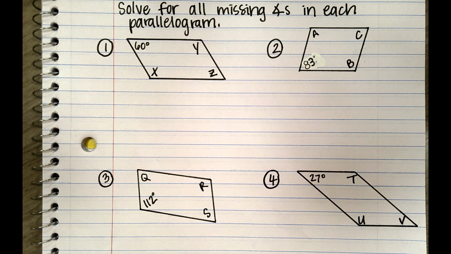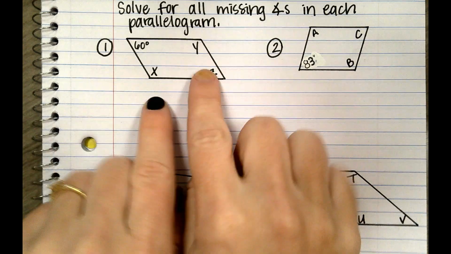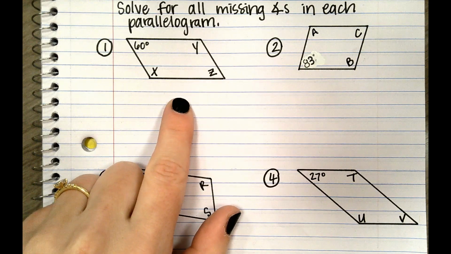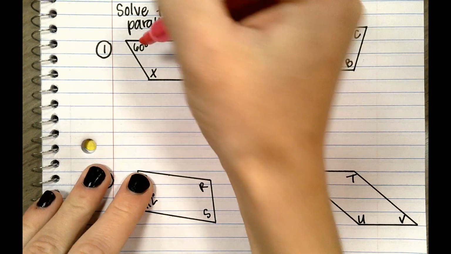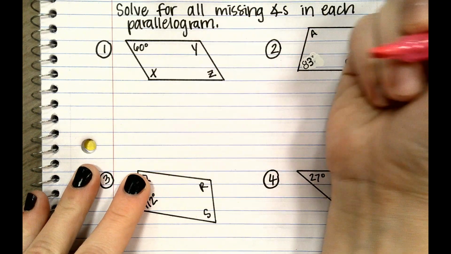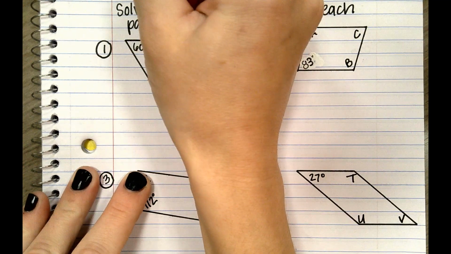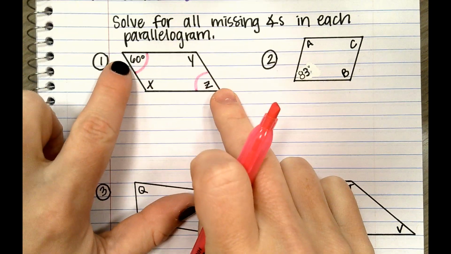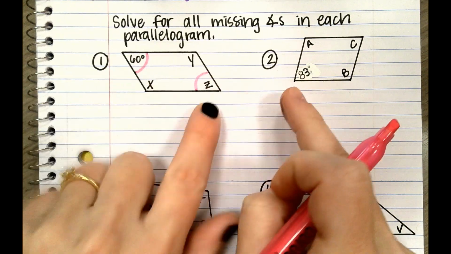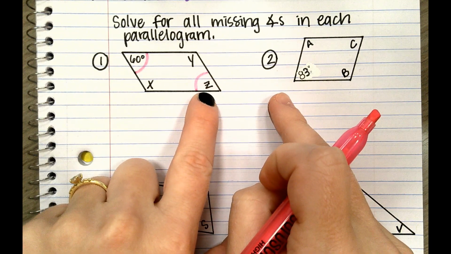So one thing that we know about parallelograms, this is a fact, is that the interior angles, our opposite angles, are equal to each other. So I could go ahead and mark that these two angles, the 60-degree angle and angle Z, are equal.